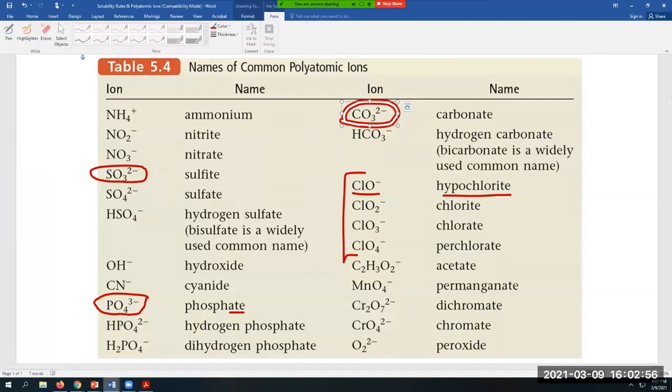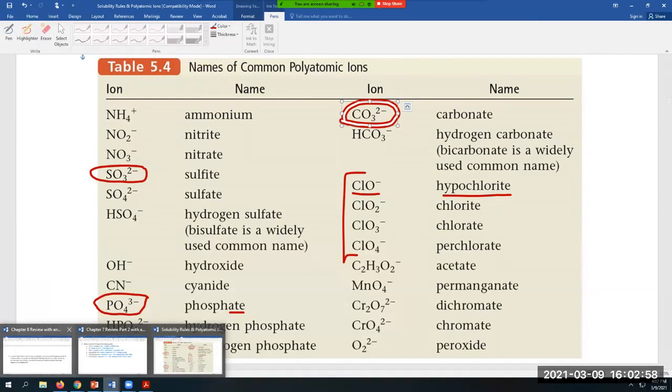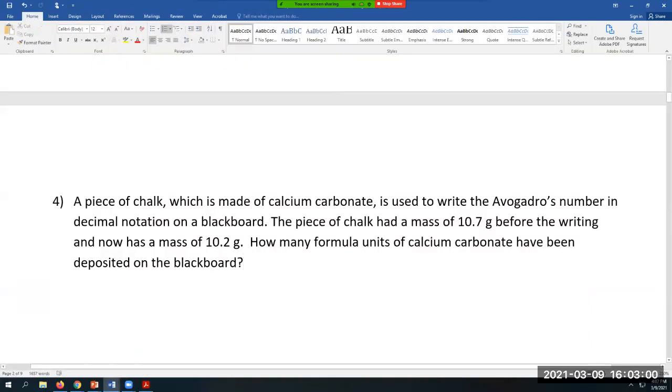So together, 2 positive charges, 2 negative charges. So you need only one ion of each, and that will make a neutral formula. So then you just remove the charges and it's CaCO3. So that's calcium carbonate.